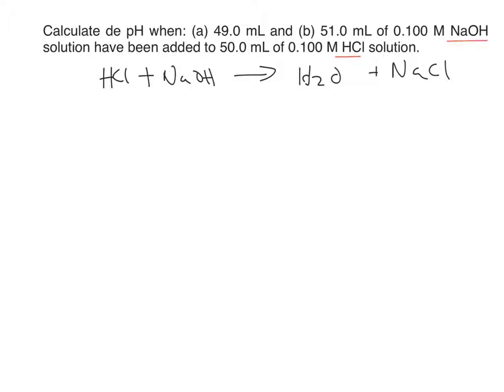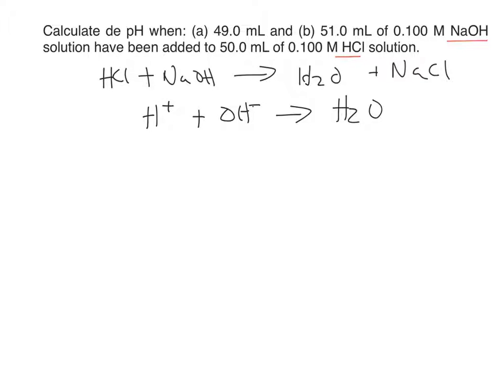So we really have the reaction H positive plus OH negative producing water. This is the neutralization reaction that we have when we are doing the titration of sodium hydroxide with HCl.